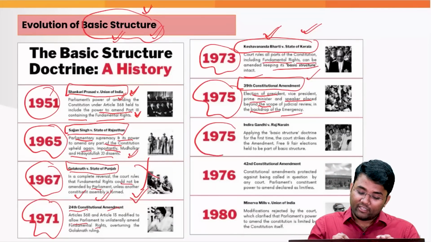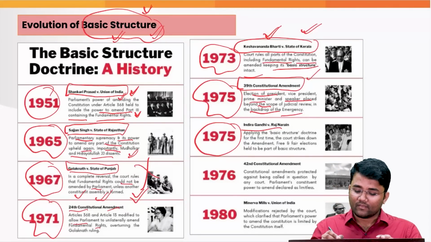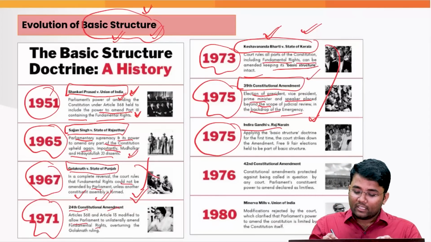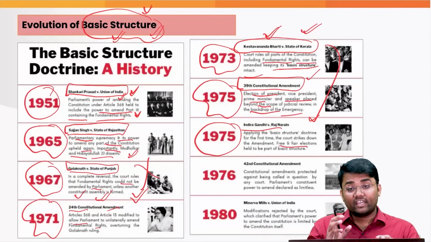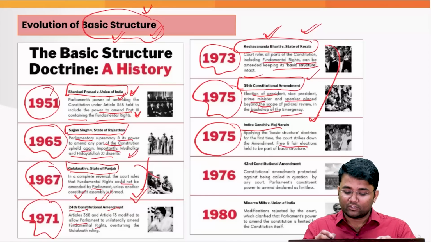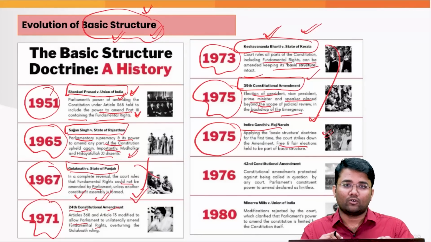In 1975, in the Indira Gandhi versus Raj Narain case, the Supreme Court applied the basic structure doctrine and said that free and fair elections are an important part of our basic structure. This was the first time the Supreme Court applied the basic structure doctrine.